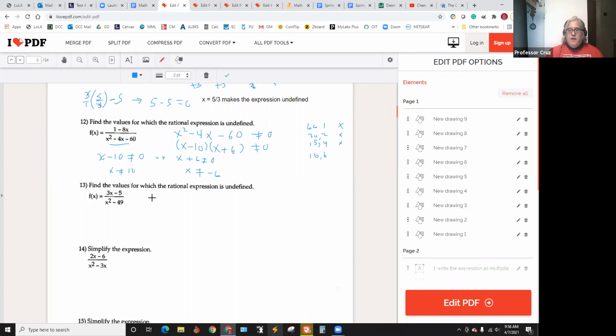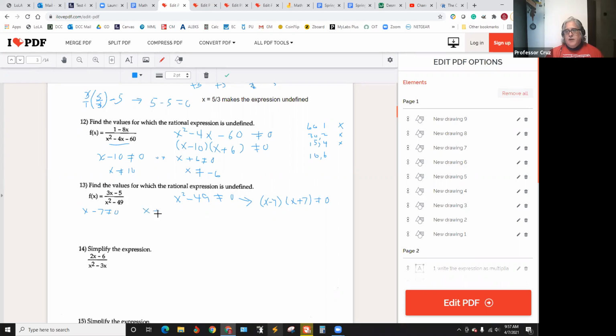All right, same thing here. So that can't be equal to 0. And that just factors as x minus 7, x plus 7. So x minus 7 can't be equal to 0.